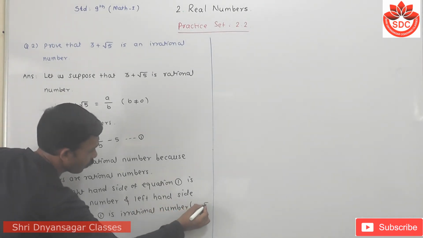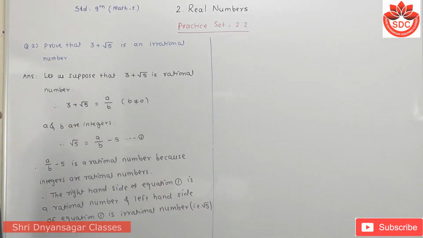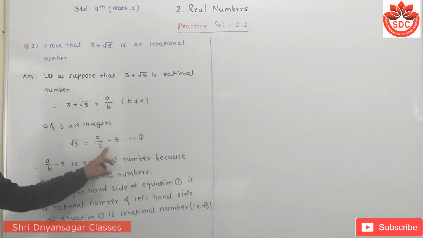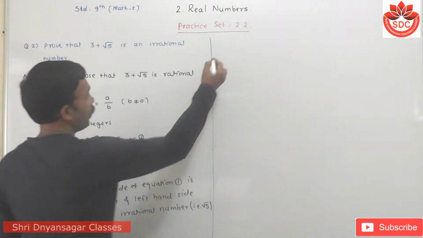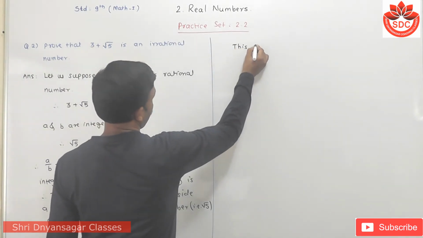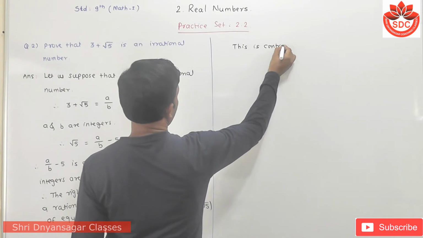That is root 5 is an irrational number. This means that an irrational number is equal to a rational number. This is contradictory.